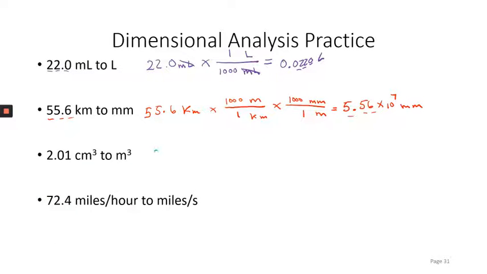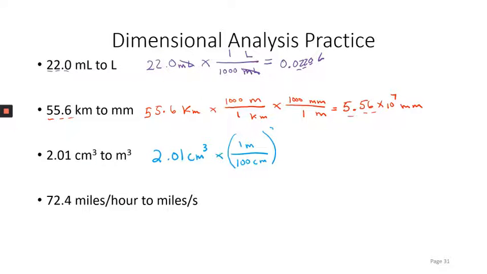So here I have 2.01 centimeters cubed. Now notice this cube. That's kind of interesting, right? I don't know the relationship between cubed units, but I do know there are 100 centimeters in 1 meter.